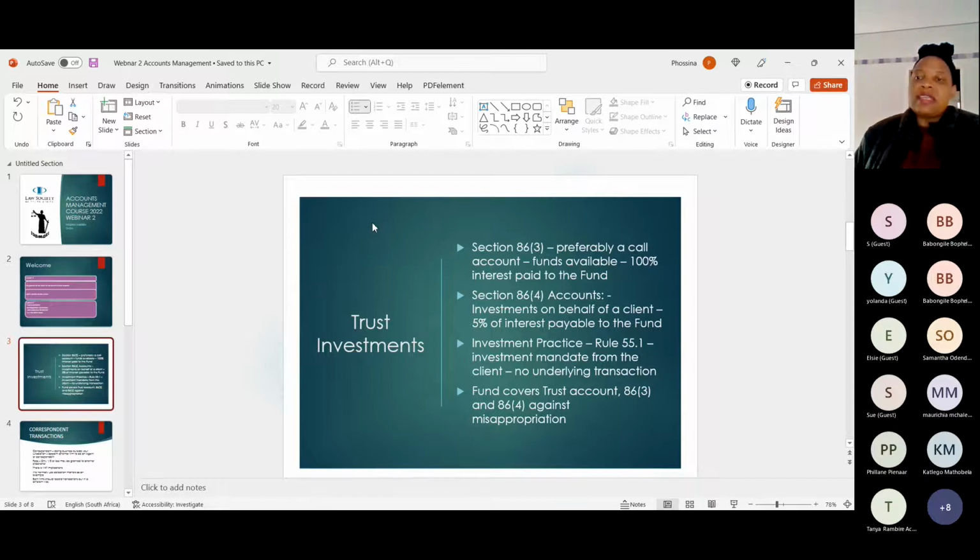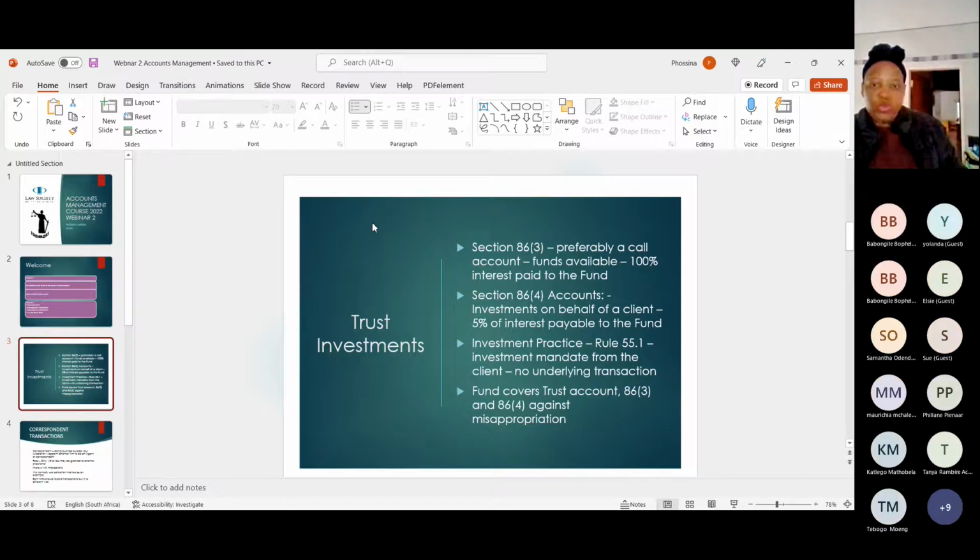Section 86.3, this is at the discretion of the attorney or the practitioner or the advocate, whoever is having a trust account. Whenever they see that they've got surplus funds, then they open, preferably, a call account. Why a call account? Because the money should be readily available when it is required.